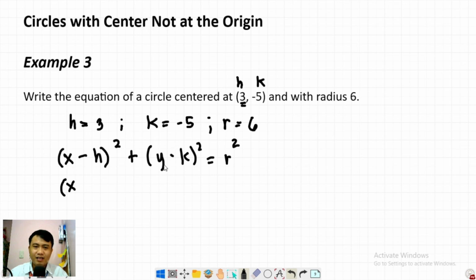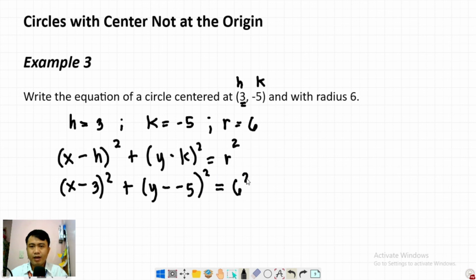Ang mawawala lang dyan kasi papalitan natin ng values yung h, k, and r. Sana malinaw yon. Okay, so x minus h is 3 plus y minus k is negative 5 equal yan sa r is 6 squared. Okay, sir, okay na po ba yan?